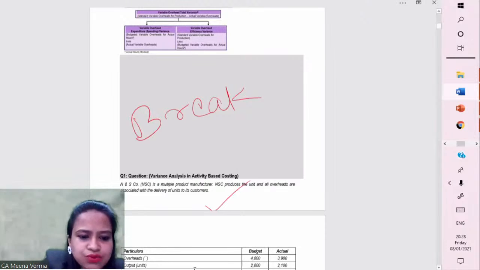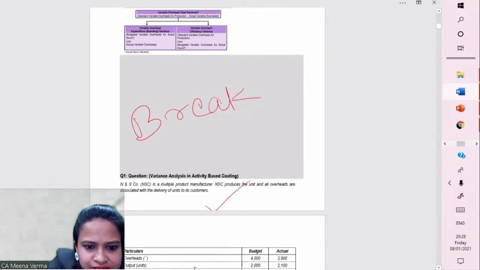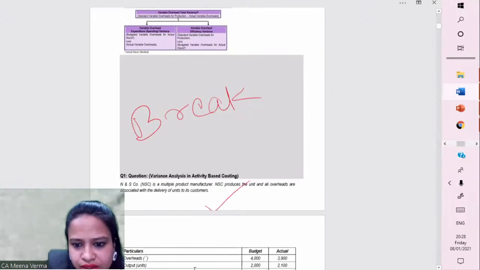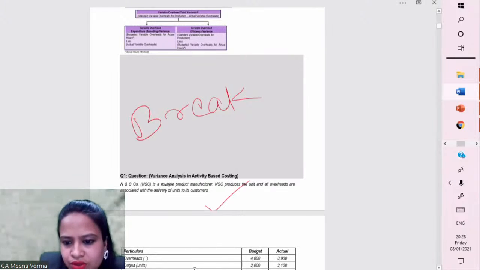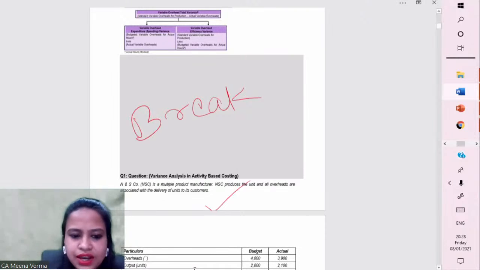For this, we will consider the standard activity for actual output minus actual activity, into the standard cost of activity.